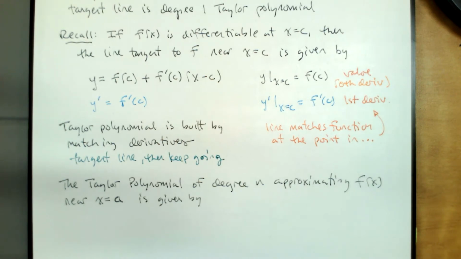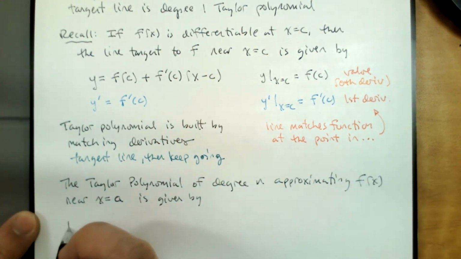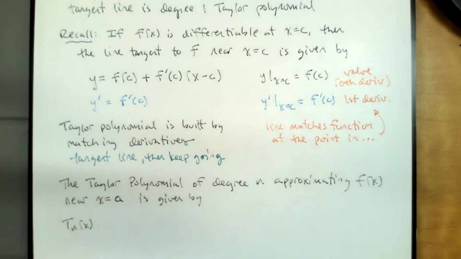It uses a instead of c. The notation that I use for the Taylor polynomial of degree n is T with a subscript n, so my notation will be T sub n of x. I think the book uses a P, but I can't remember.